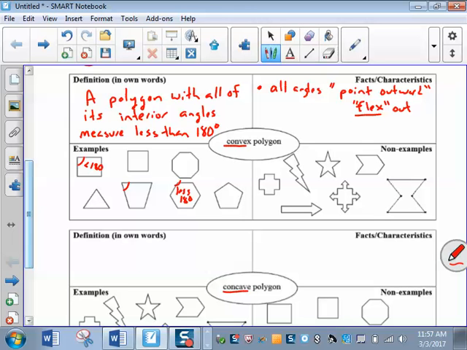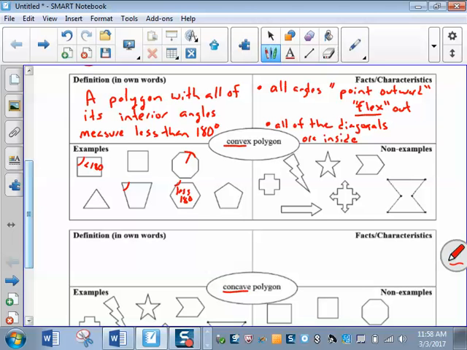So they point outwards. All these are like little arrows that point out. Another way to think about this is that all of the diagonals are inside.